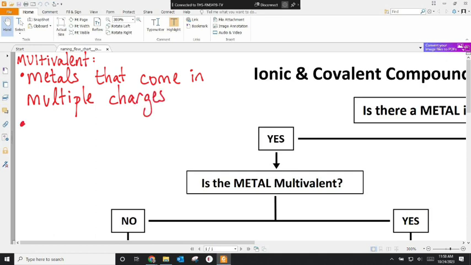And that's going to include most of the transition metals. Not all, so we're going to find out which ones are not included. Most transition metals, that's the D block, plus tin and lead.